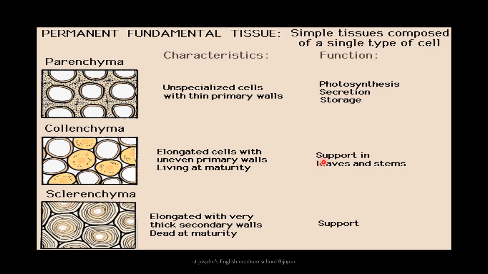The function is support in leaves and stem. They provide support for the leaves and the stem. Sclerenchyma: this is the diagram of sclerenchyma cells, and the characteristics are elongated with very thick secondary walls, dead at maturity, and the main function is to provide support.